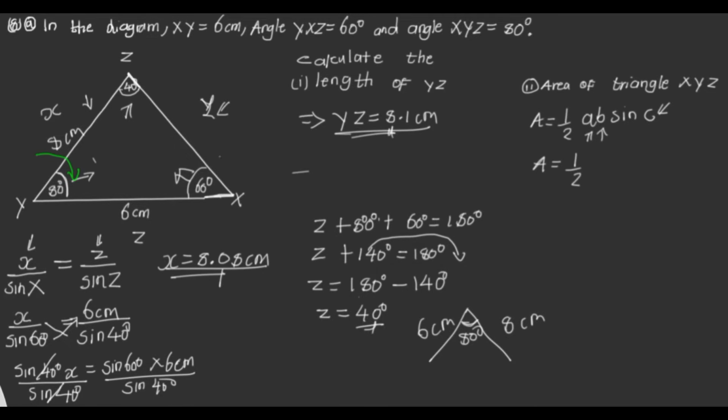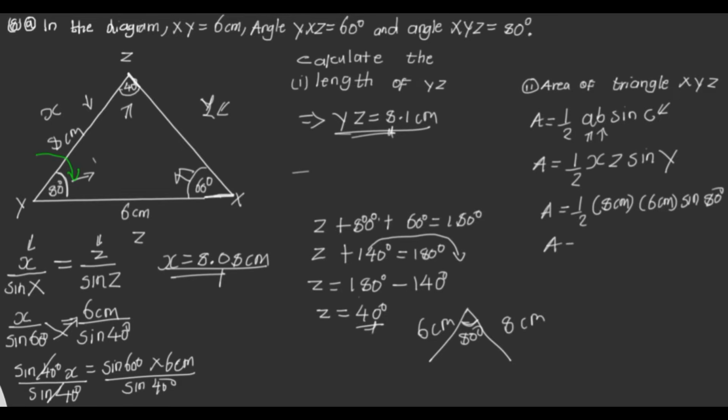So AB must be those two distances. One is x, the other one is z, times sine of our angle, which is y. So we can now proceed. We have half, our x is 8 centimeters, our z is 6 centimeters, sine 80.